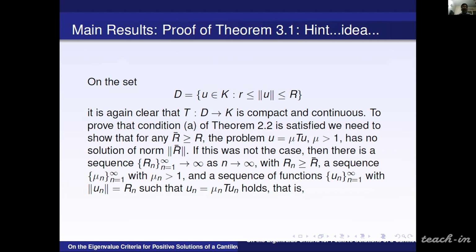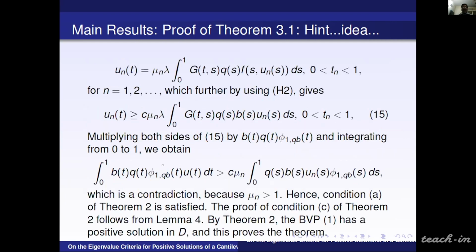If I consider any R bar greater than or equal to R, we can show that the problem u equals mu T u with mu greater than 1 has no solution with norm R bar. If this is not the case, we will get a sequence of R's greater than or equal to R bar, a sequence of points mu n greater than 1, and a sequence of functions satisfying this property.